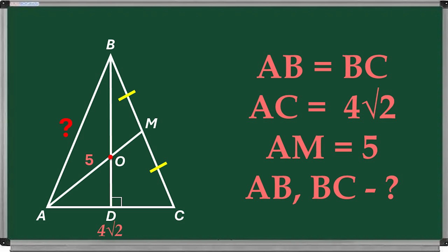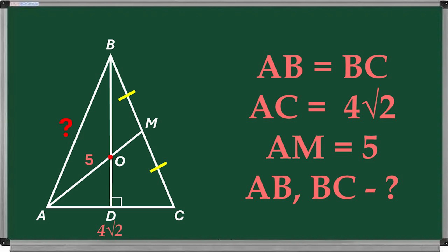We can find the length of AD because D is the midpoint of the base AC. Since we can calculate AO and AD, we can use the Pythagorean theorem on triangle ADO to find the length of the segment OD. Once we have the length of OD, we can find the full length of the altitude BD.